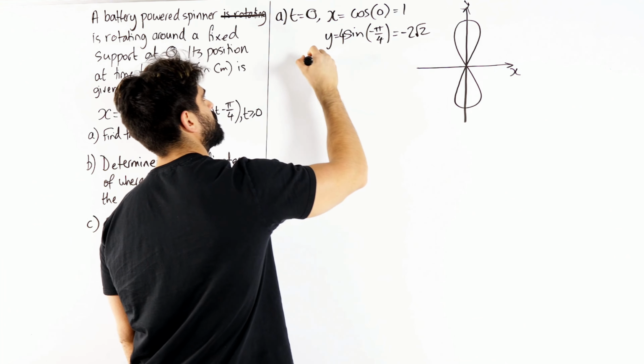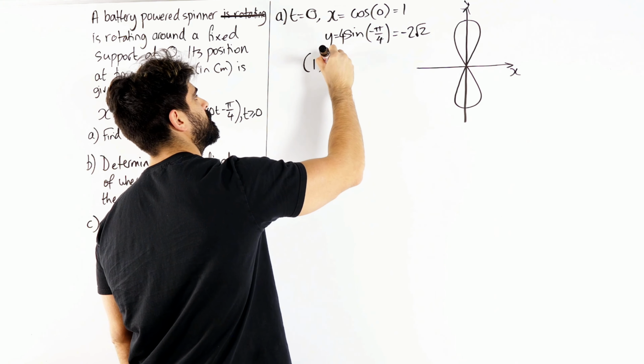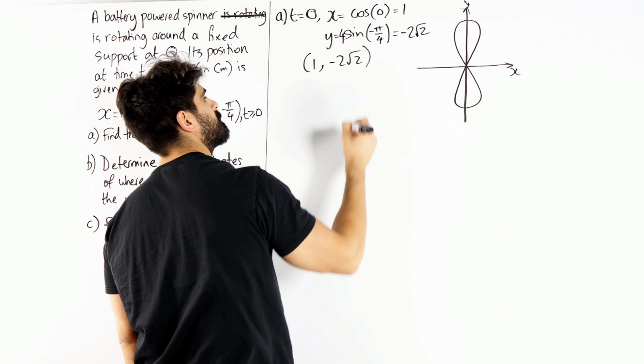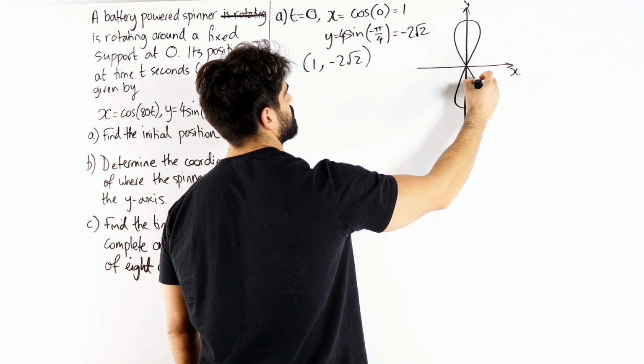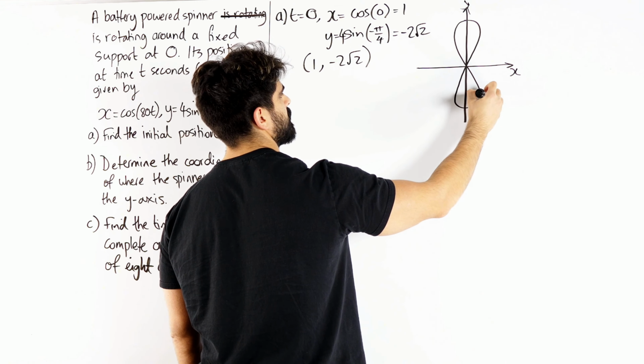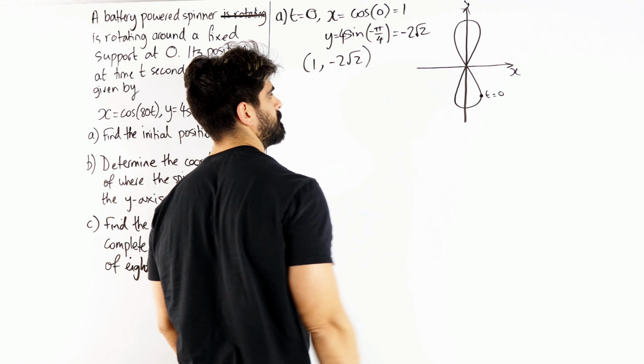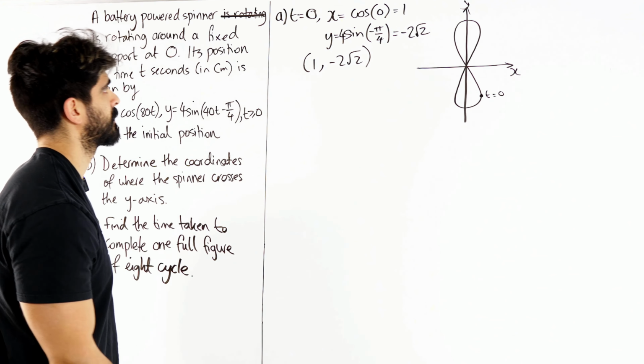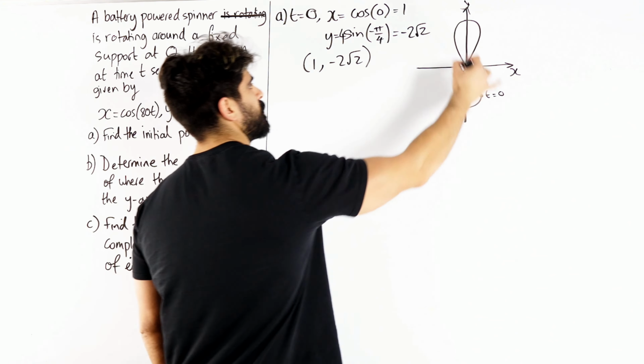Should I check this? Maybe. So maybe somewhere like here. Maybe it's actually here. You don't need to know that, but maybe somewhere there. Now it's doing this kind of figure of 8.